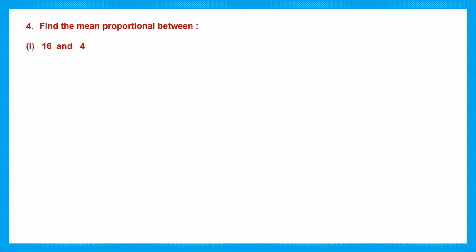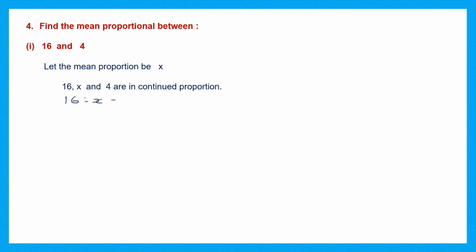Next question. Find the mean proportional. This time it's a mean proportional between 16 and 4. Let the mean proportion be x. That means 16, x and 4 are in continued proportion. So my ratios will be 16 is to x is equal to x is to 4. So let's find out the product of extremes and the product of means.